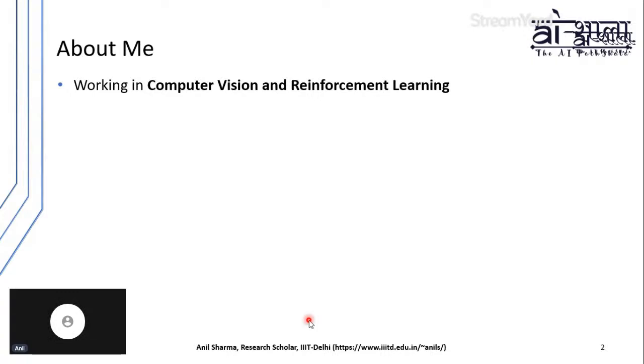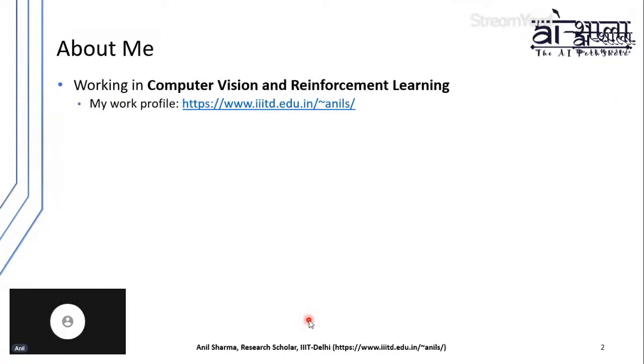Before going into the content, let me tell you about myself. I'm primarily working in computer vision and reinforcement learning. If you want to know about my work profile, you can visit this link. I have listed my projects and all of the awards and publications that I have received from my work.